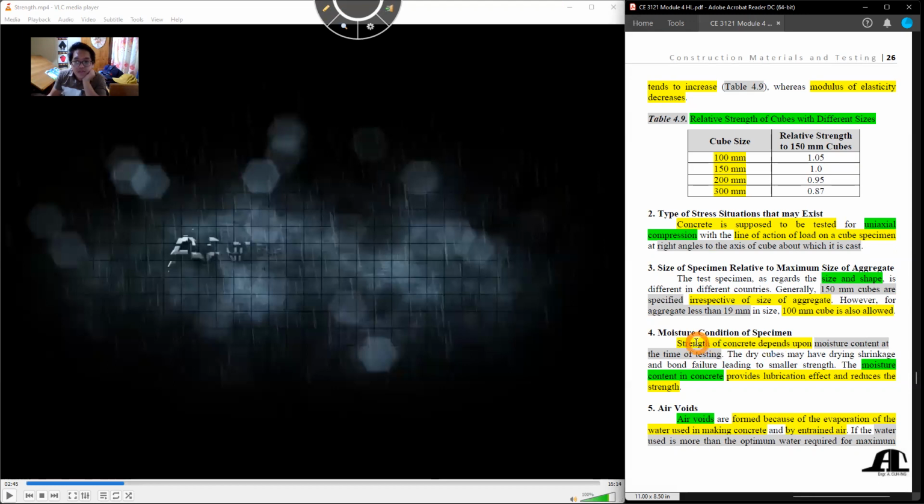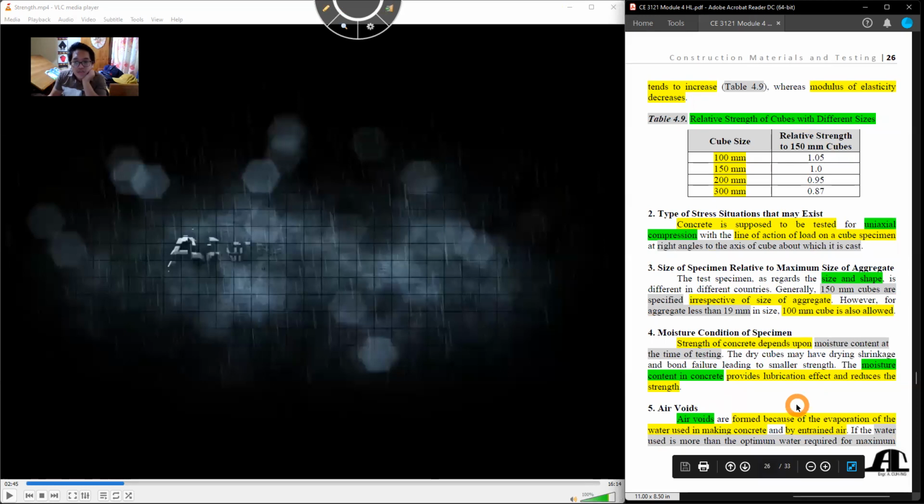In terms of moisture, supposedly moisture in concrete provides a lubrication effect and reduces the strength. Air voids form because of evaporation of water and entrained air.